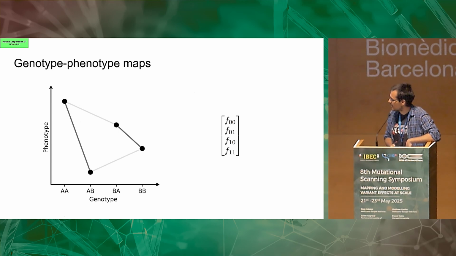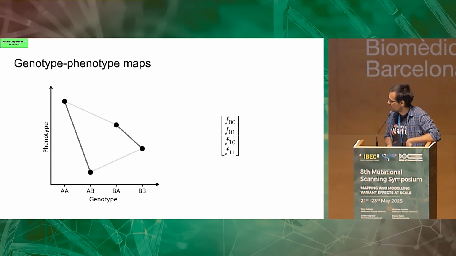So we typically think about this problem from this perspective of the genotype-phenotype map, where we just assign a phenotype to every possible genotype in the space. Here, I'm showing you a small example with two alleles and two sites, and we have this vector that represents the complete genotype-phenotype map.